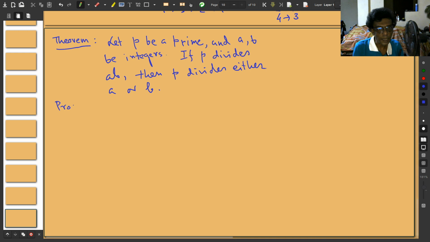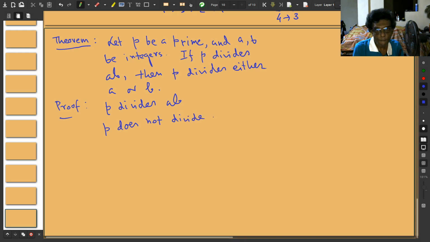Okay. So the proof is something like this. We start with the assumption that P divides AB, and P does not divide A. So it suffices to show that in this case, P must divide B. Okay, so P is a prime and A is not divisible by P. Since P is a prime, the only divisors of P are 1 and P. No other thing.